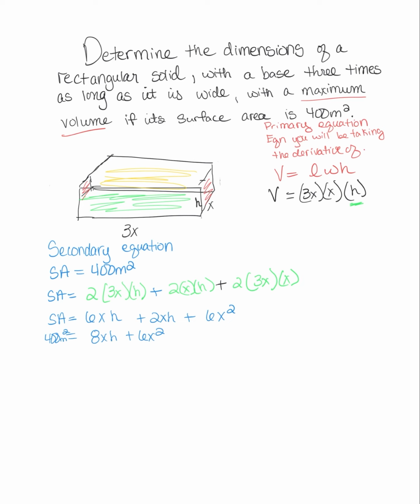All right, so I'm solving for h over here, so I can plug it in over here. All right, so I have 400 minus 6x squared equals 8xh. Well, since I'm trying to get the h by itself, I'll divide this away. And this gives me my h, solving in terms of h.